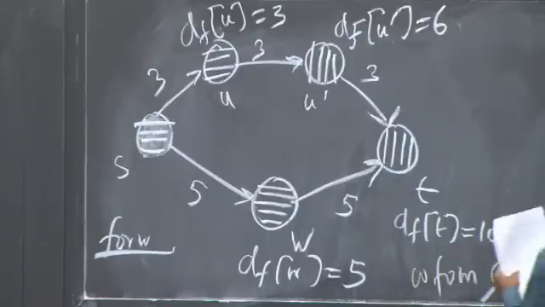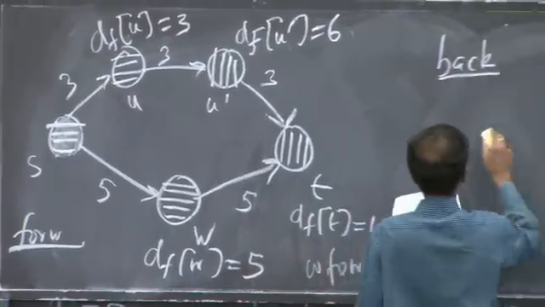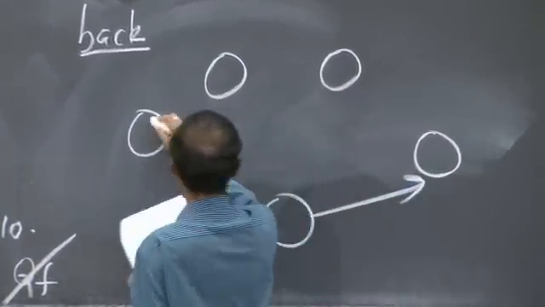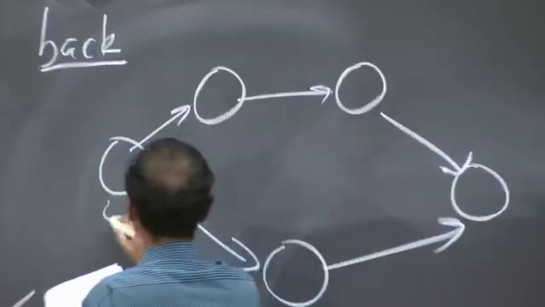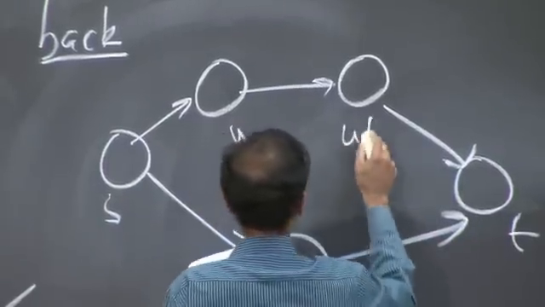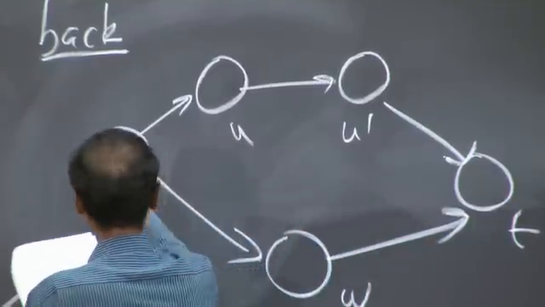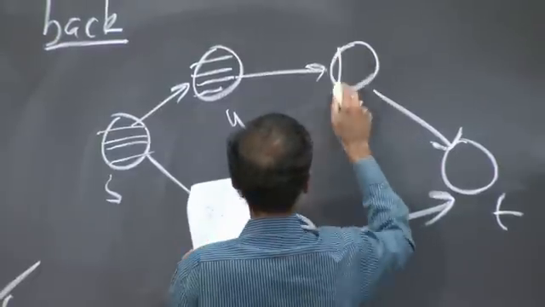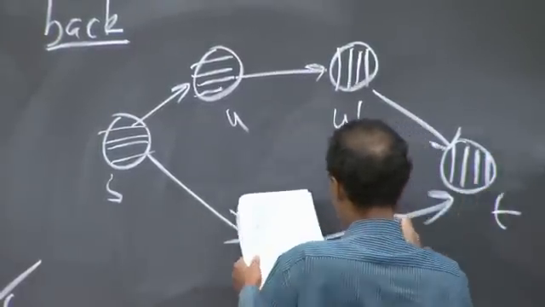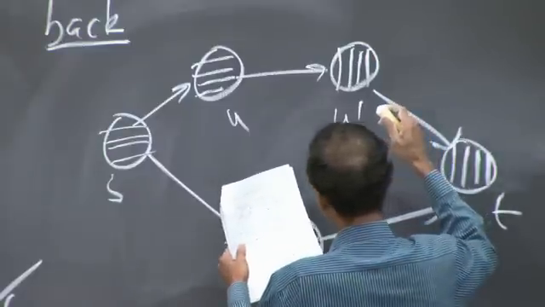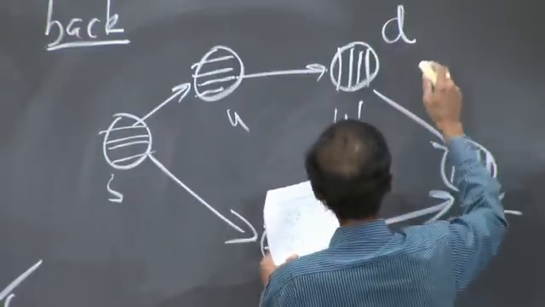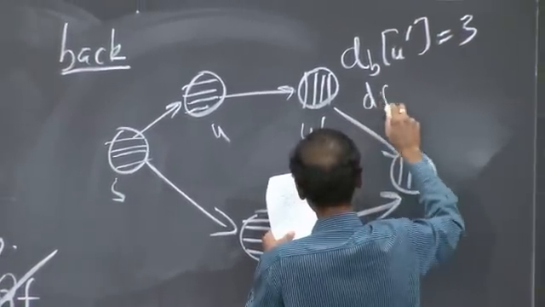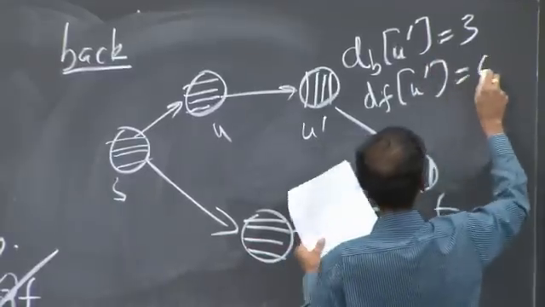Right? Now let's look at the last step here of the backward search. So this was hashed, that was hashed. And if I look at what I have here, I have dB of U prime equals 3, DF of U prime equals 6.